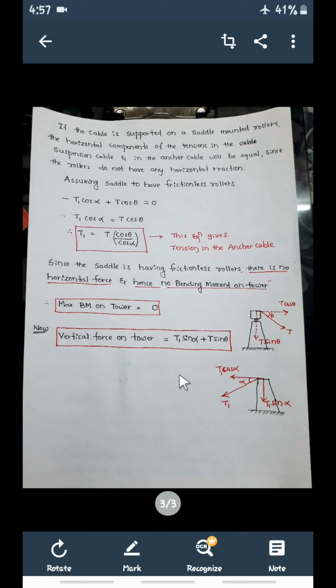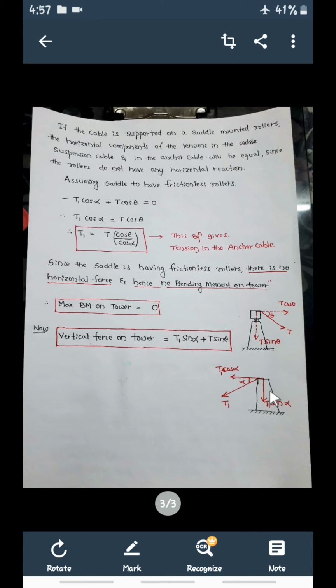For the second arrangement, there is no bending moment on the tower, remember, and no horizontal reactions. Therefore there will be only vertical reaction. So the vertical force on the tower is equal to what? It is T1 sin alpha plus T sin theta.